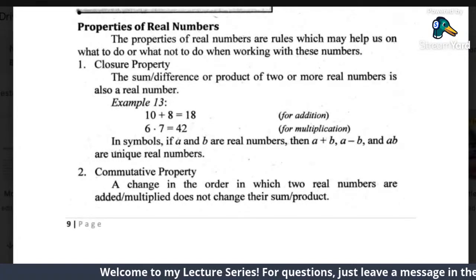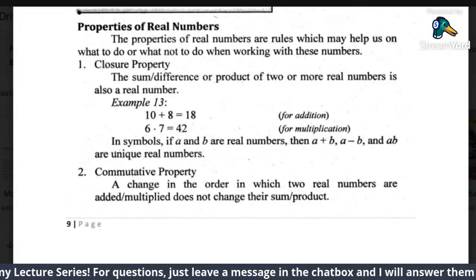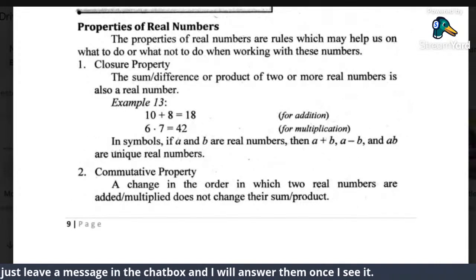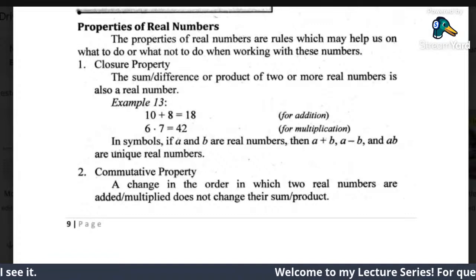In our example here, 10 plus 8 is equal to 18. 10 is a real number, 8 is a real number, and 18 is also a real number. So adding those two real numbers will result in a real number. Same is true with multiplication.